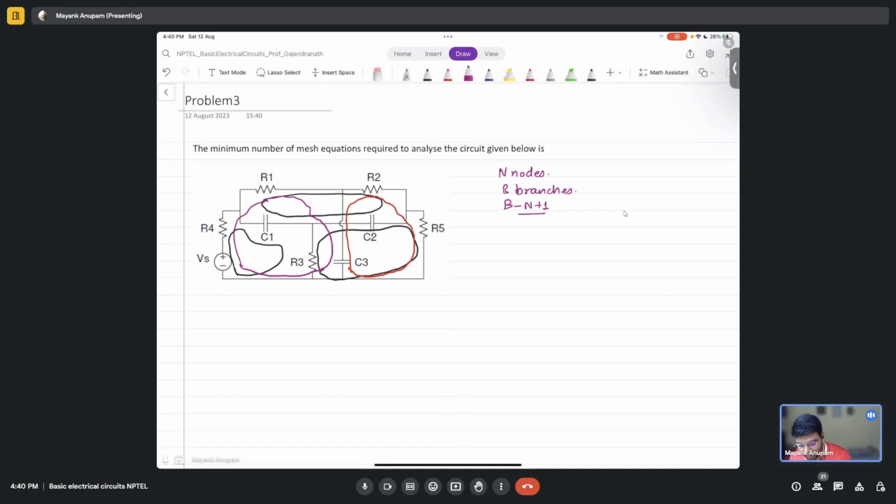You can definitely write a lot of loop equations. But how many of these will be independent? By independence, I mean you cannot get one by a linear combination of the others.